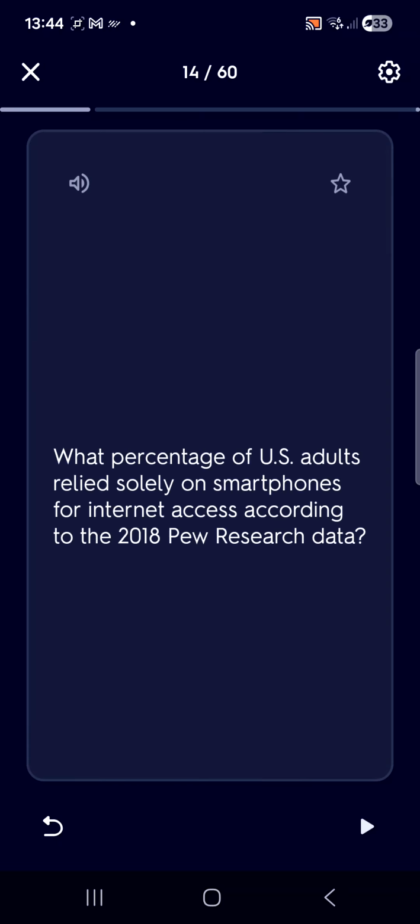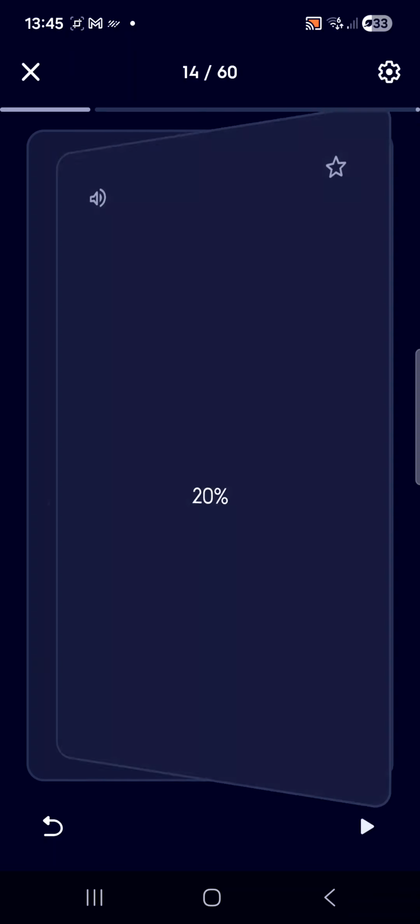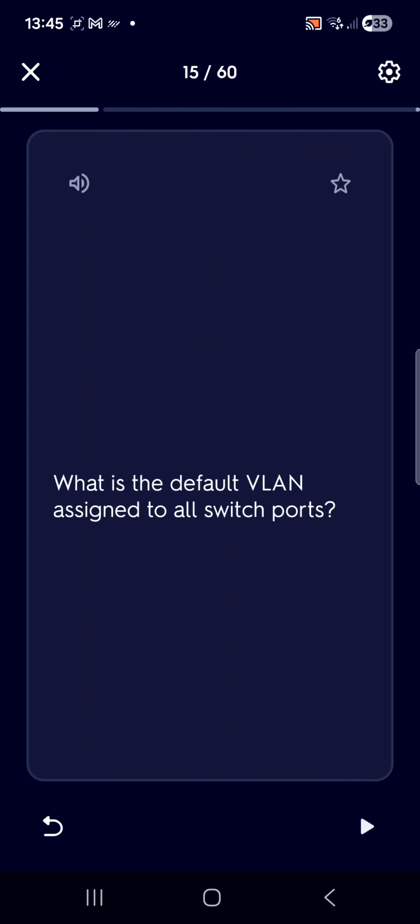What percentage of US adults relied solely on smartphones for internet access according to the 2018 Pew Research data? That would be 20% of US adults.